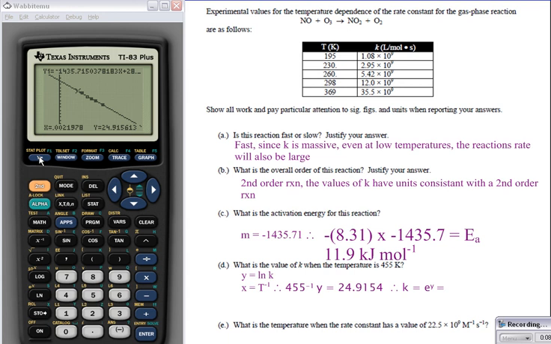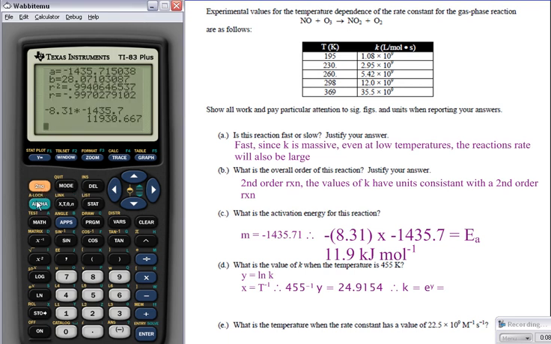So to do that, second quit, and we say second ln to get e to the, and we're going to raise it to whatever is stored in y. So we get 6.6 times 10 to the 10th, let's call it 66 times 10 to the 9th, so it's in line with our table above.